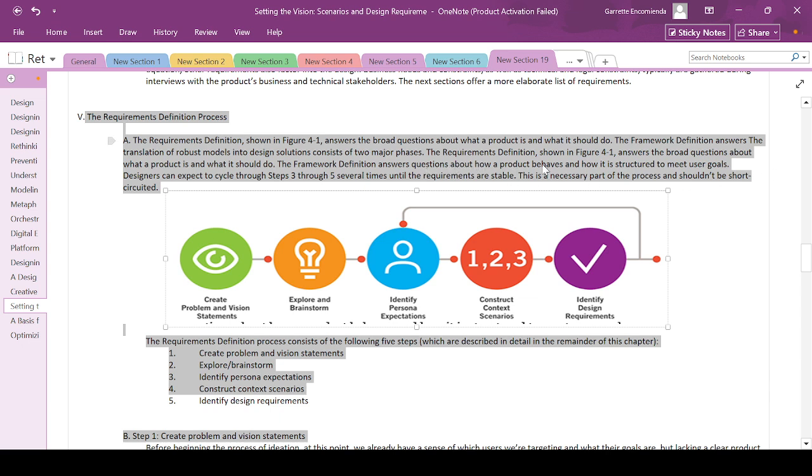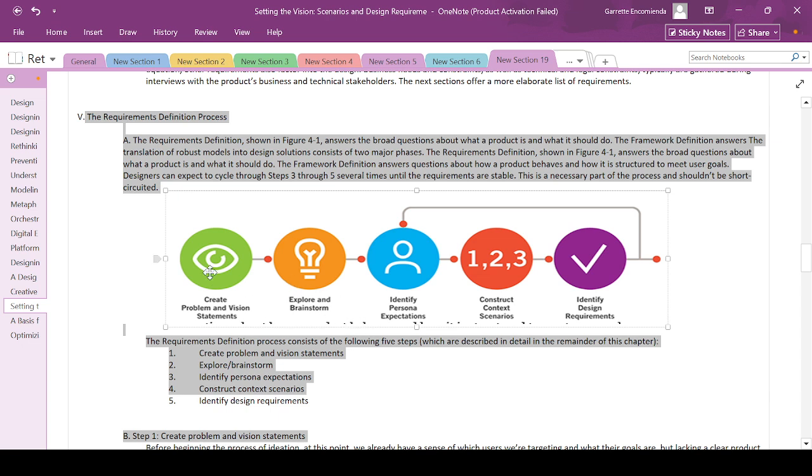So the requirements definition shown in 14.1: create problem and vision statements, explore and brainstorm. This problem and vision statement, of course, will come from our user research and persona research or model.